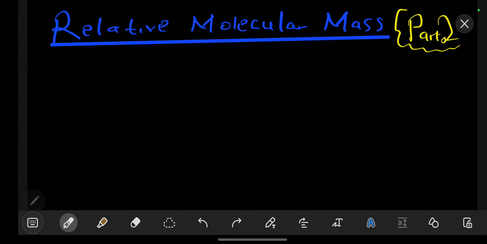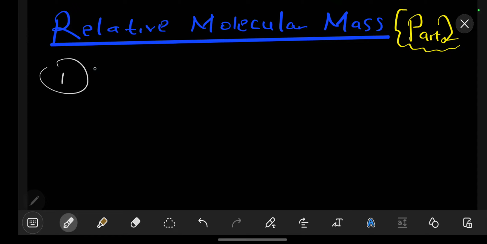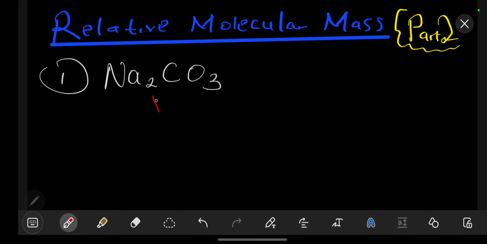For this part, the first question I will start with is sodium carbonate, Na2CO3. Like I told you, the first thing to do is look at the subscripts. Here we have 2 subscripts. The first is the 2 beside sodium, and the second is the 3 beside oxygen.